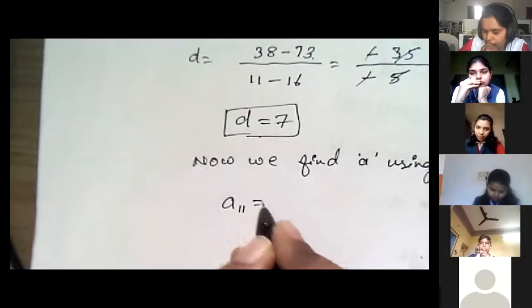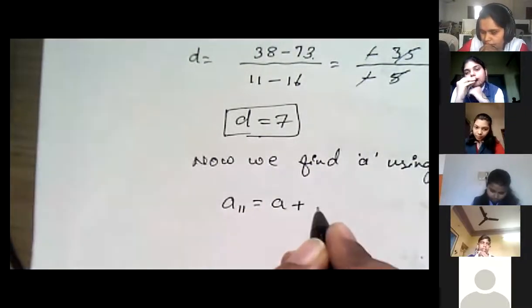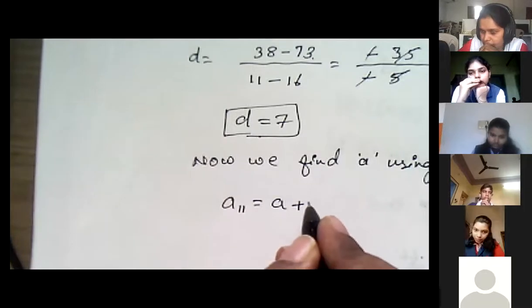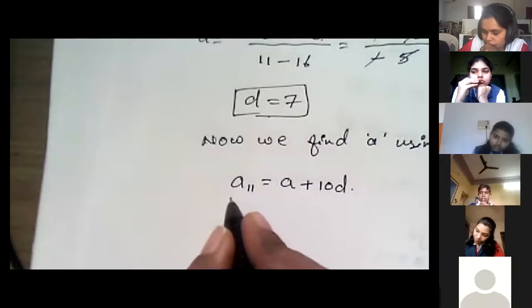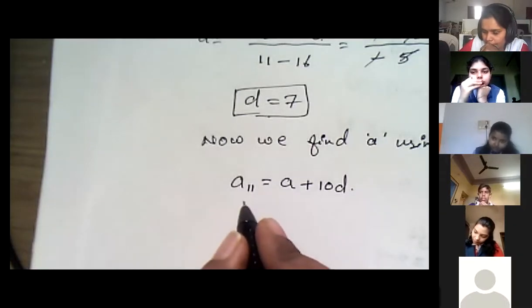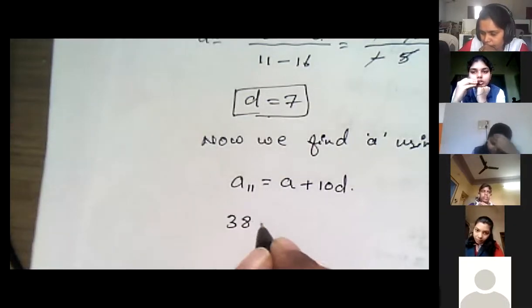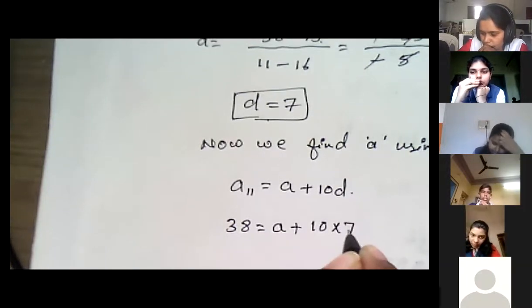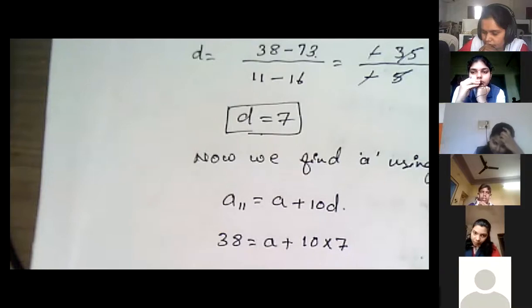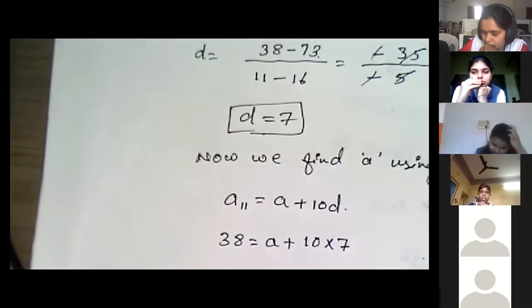A11 equals A plus 10D. Good. So what is the value of A11? 38 equals A plus 10 into 7. 38 equals A plus 70.